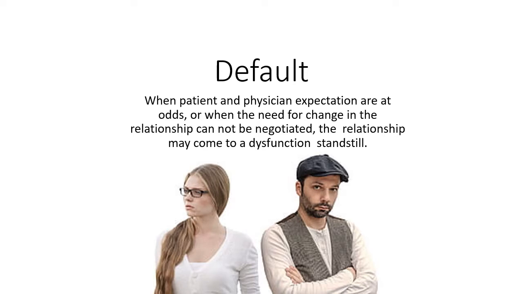First one is default. If you remember, it is a relationship where both the doctor and patient have low control. So when the patient and physician expectations are odd and when the need for change in relationship cannot be negotiated, this relationship comes to a dysfunctional standstill, which means neither the patient is cooperating in the relationship nor the doctor is interested in the relationship.